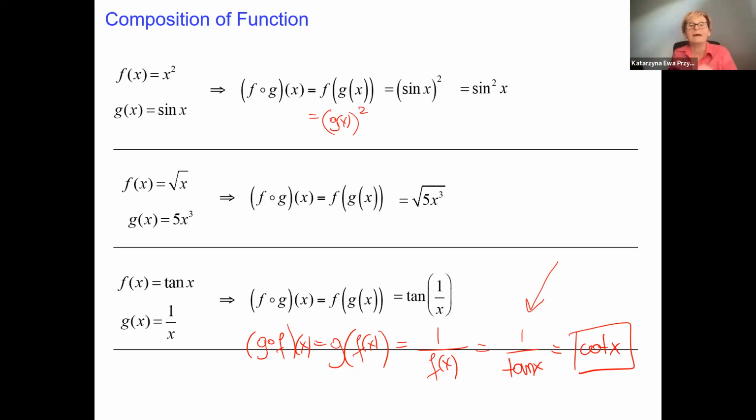Now, when we see the composition of two functions and we know how to identify the outer and inner function, we have to find the derivative.